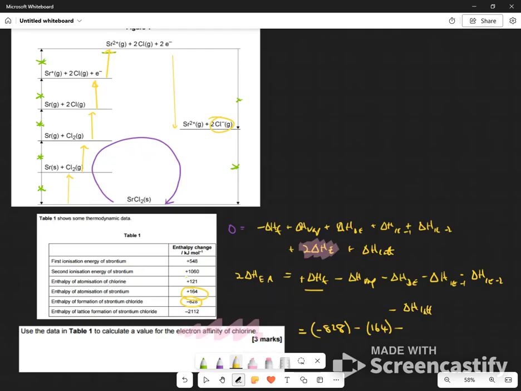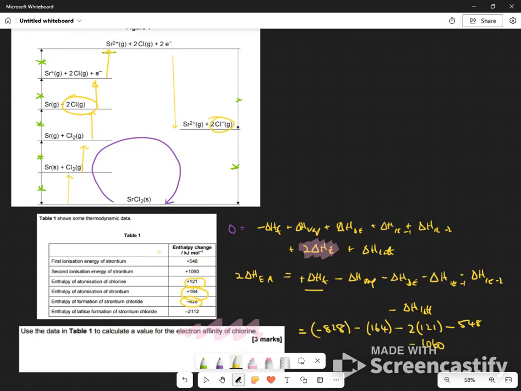They call it the atomization energy of chlorine, which is fine, but therefore it is 2 of those, isn't it? It's 2 atomizations because we form 2 moles of atoms. So that's 121. Minus the ionization energy of strontium, which is 548, minus the second ionization, which is 1060.